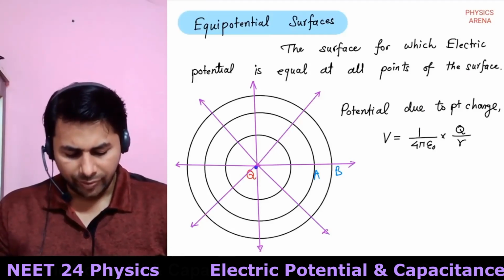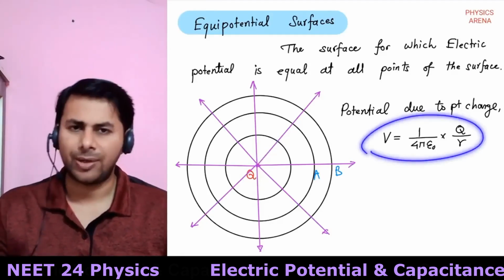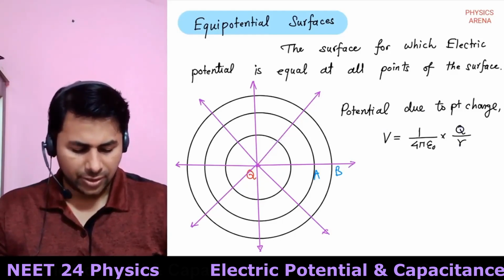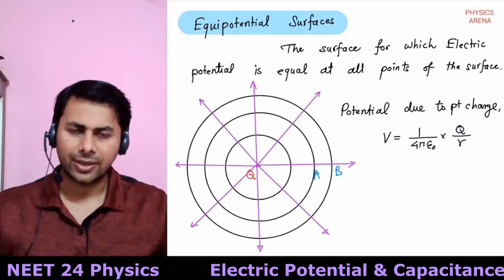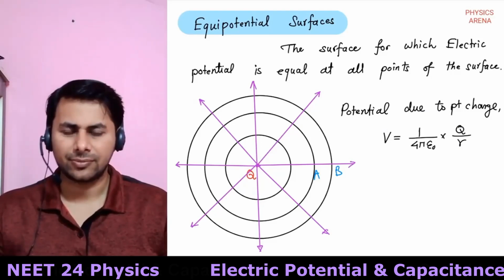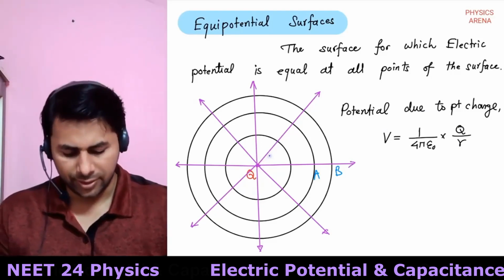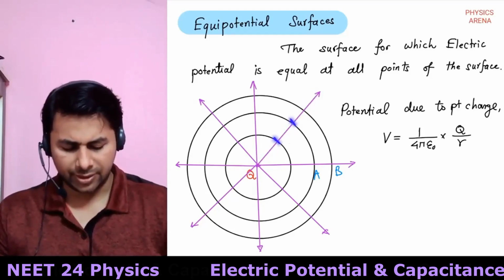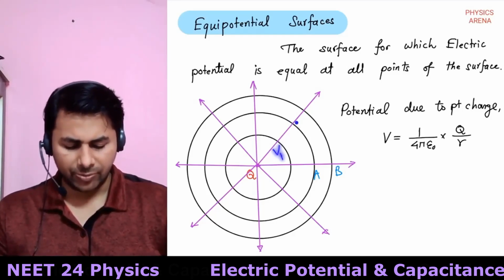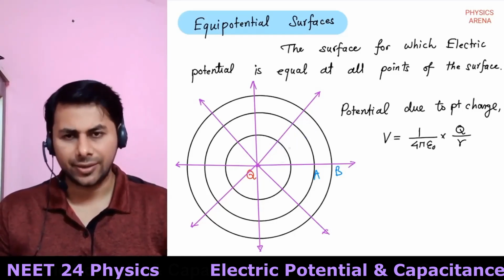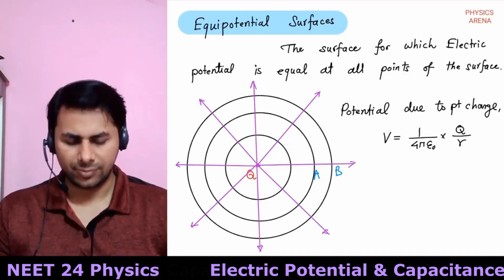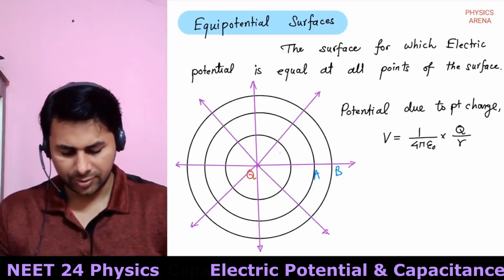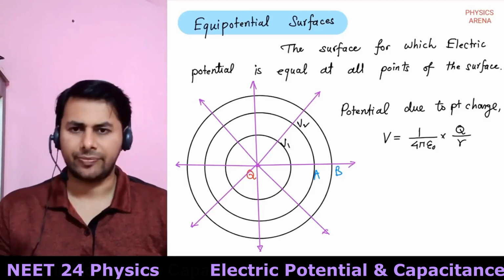Here the potential is 1 upon 4 pi epsilon naught into Q upon R, so it falls as the distance increases. The electric field is like this, and suppose you have this surface and that surface. The potential here is V1 and the potential here is V2. Which is greater?